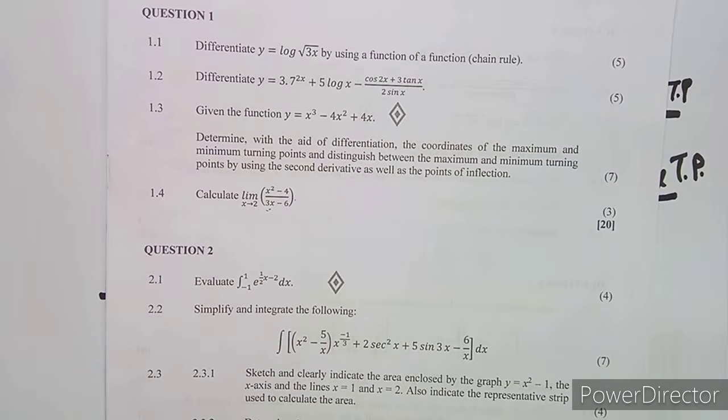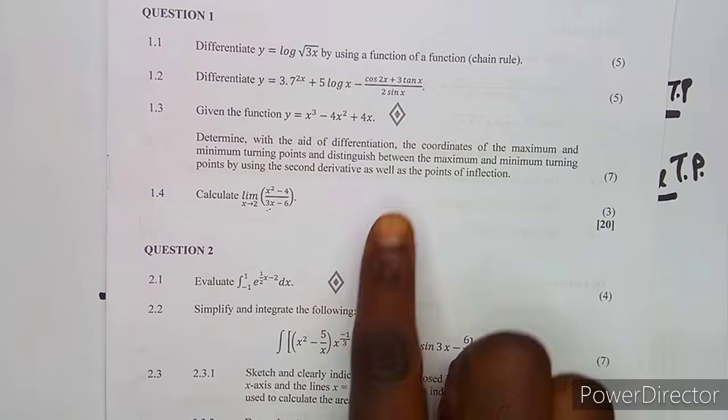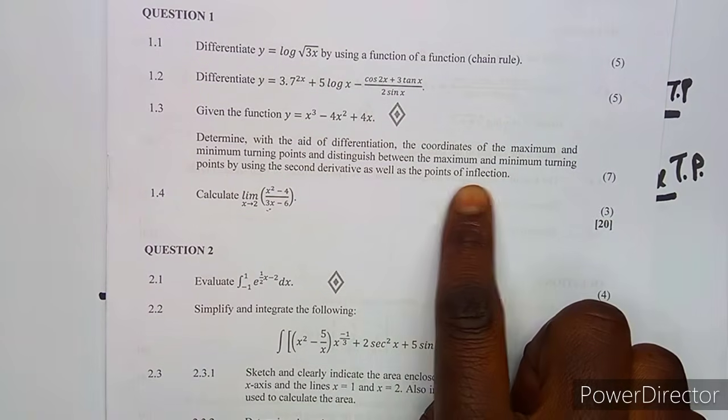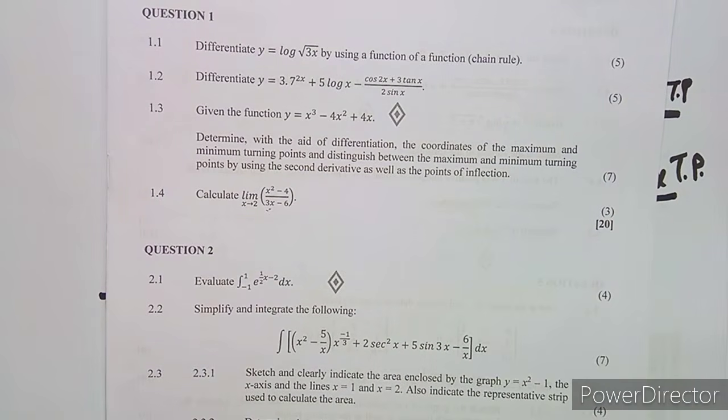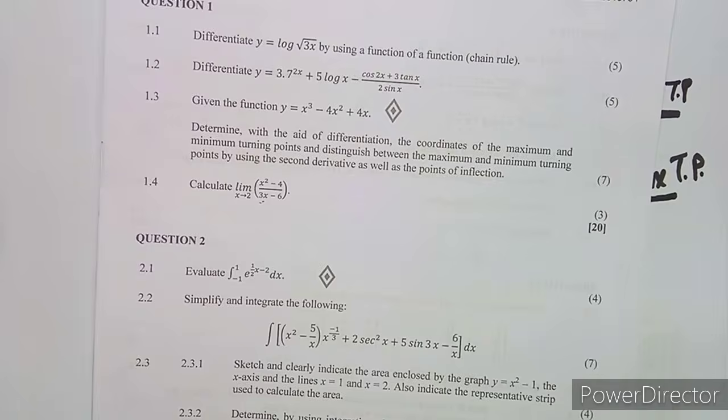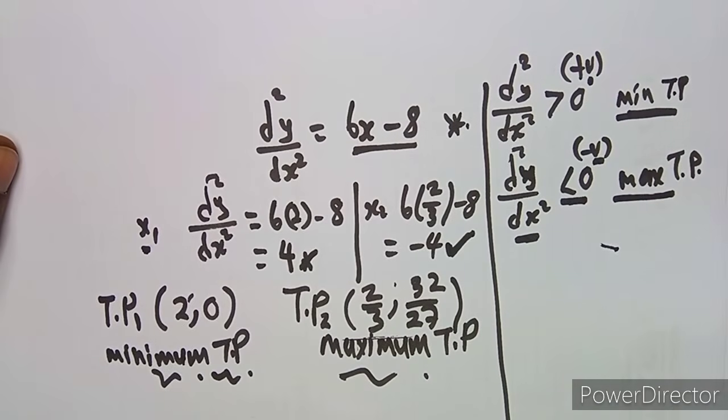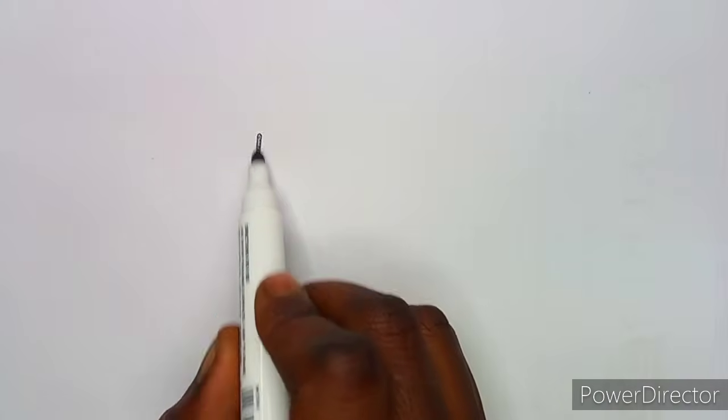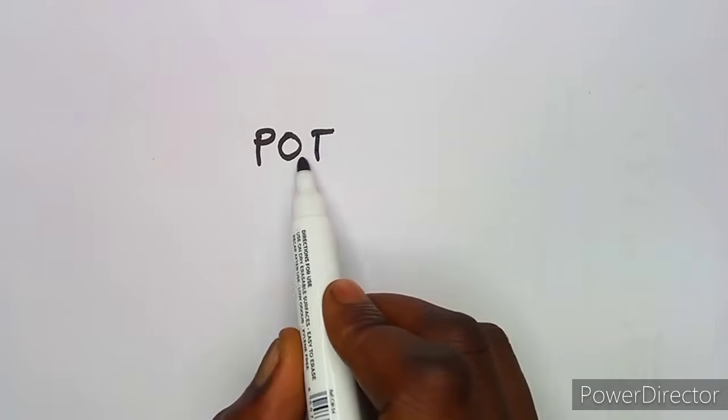Then the other part that we're given now is using the second derivatives to find the points of inflection. So where are we going to find the points of inflection? For the point of inflection, this one is direct. We are going to have a continuation from the second derivative.